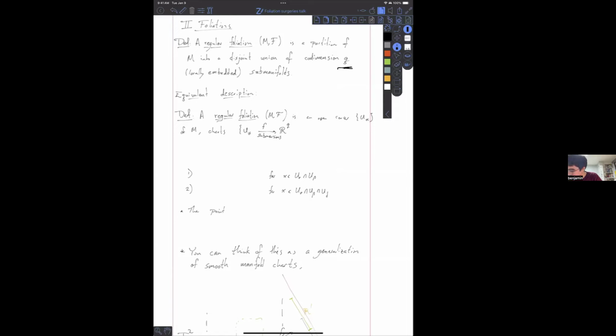And you have coherences, which are transitions gamma alpha beta from U alpha intersect U beta to diffeomorphisms of R^Q. Although really I want germs of diffeomorphisms, so we don't have to worry so much about domains and codomains, such that the charts satisfy these transitions. So the charts agree up to these coherences.